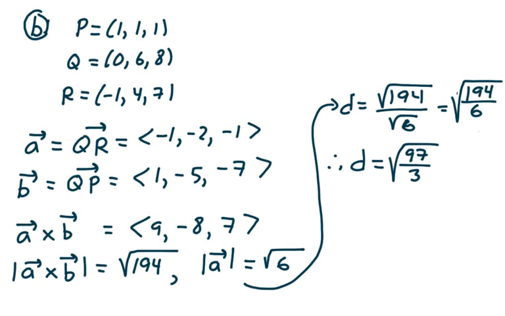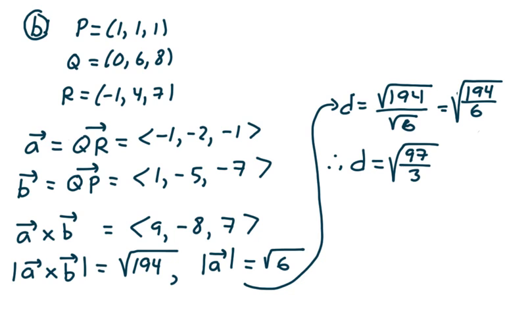Now, the magnitude of A cross B, I claim, is the square root of 194. The magnitude of A is equal to the square root of 6.